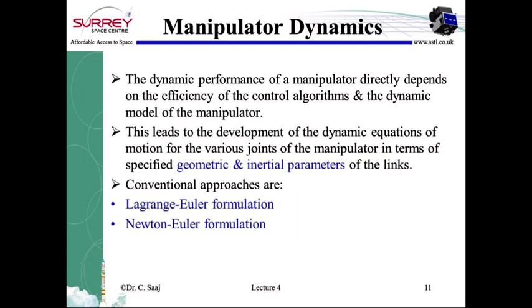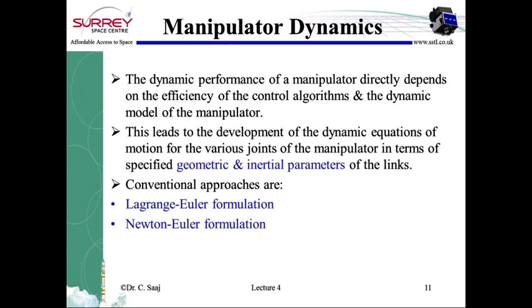There are two different approaches that are widely used for the dynamical modeling of robotic manipulators. One is called the Lagrange-Euler method, and the other is called the Newton-Euler method.